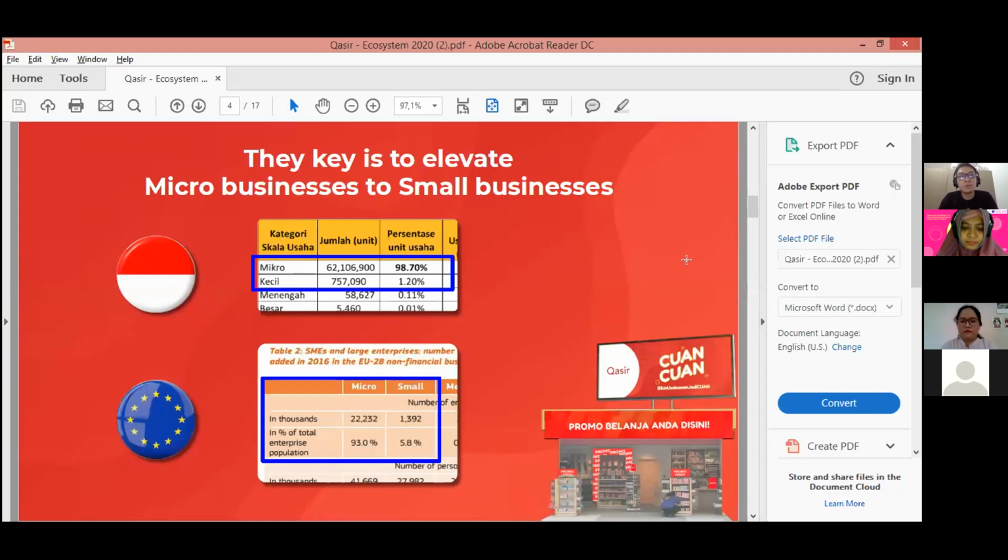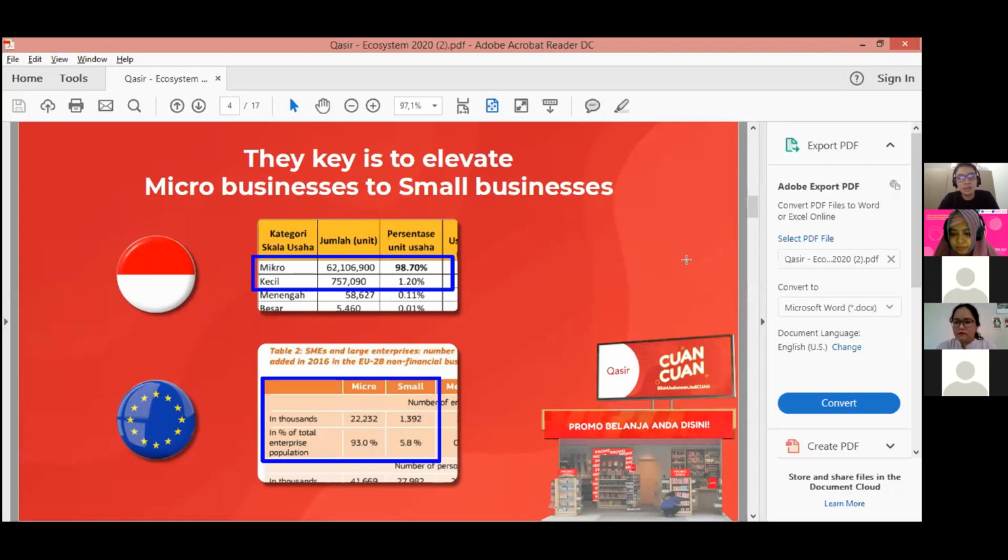So we are a big country with a big MSME sector in Indonesia, the small business and micro business. There is data comparing Indonesia as an emerging country with the European Union as a developed country. There are similar numbers between Indonesia and the European Union: both still have a majority of micro businesses as the fundamental of the economy.